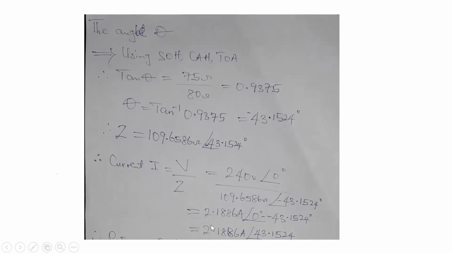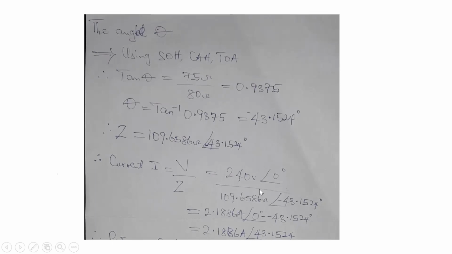So when you divide this, we have 2.1886 ampere. Then this angle has its own rule of division or summation. By a mathematical principle, when an angle is dividing an angle, you subtract the denominator from the numerator.